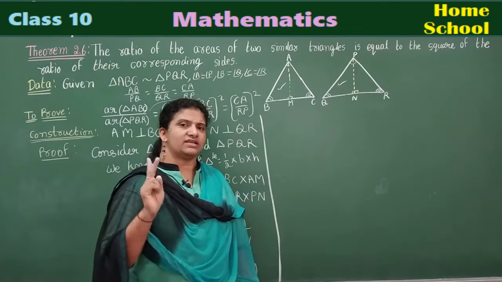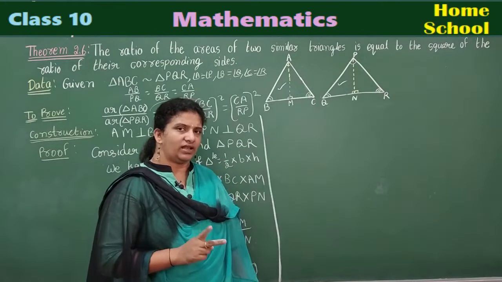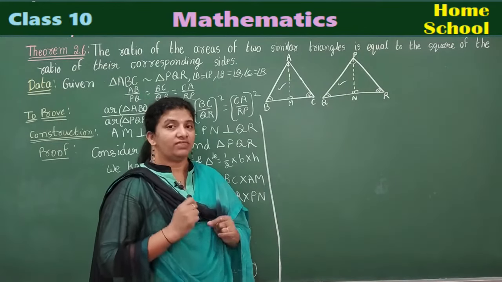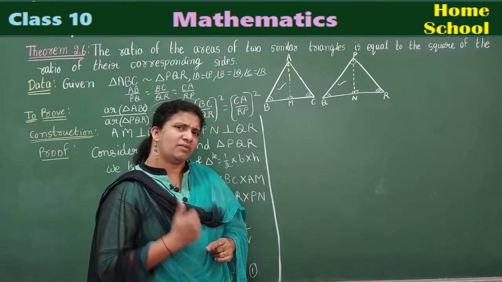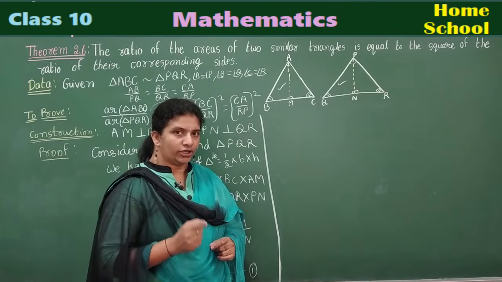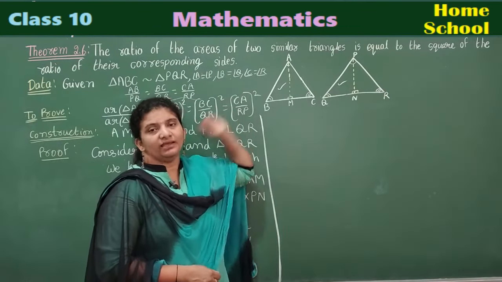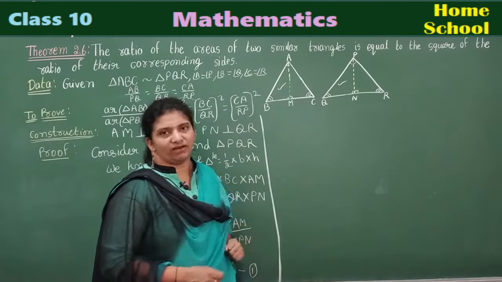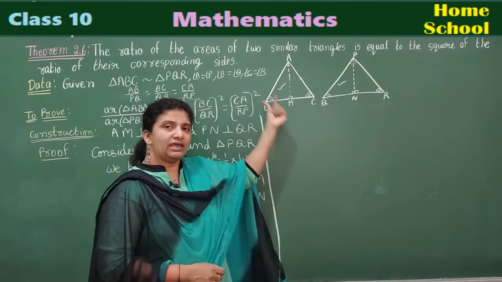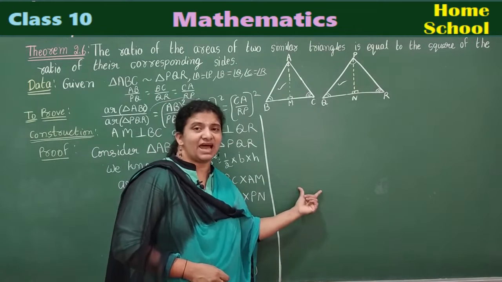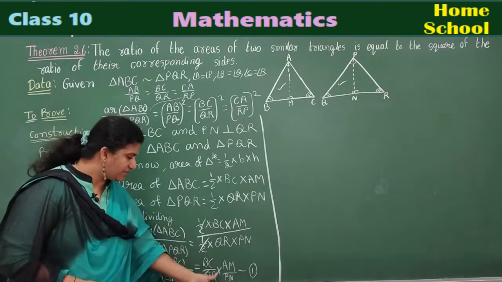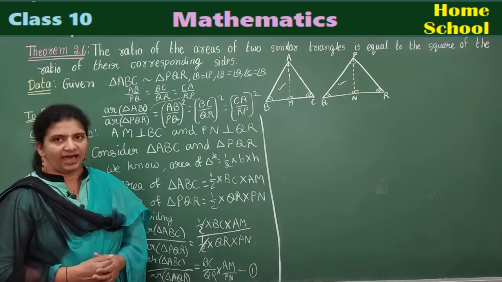If two corresponding angles are equal, then I can say that the two triangles are similar. Why am I making them similar? In order to equate their ratios. So this ratio and this ratio I will take. When I equate, I have a chance of comparing with the given ratio and then I can substitute. Then I am going to get your answer.